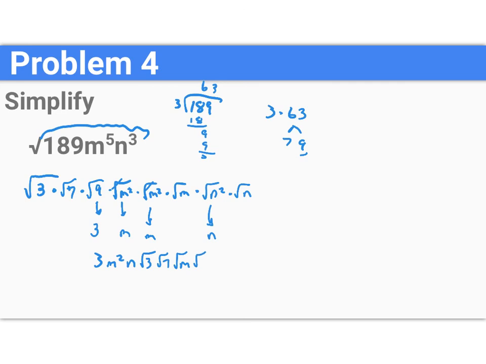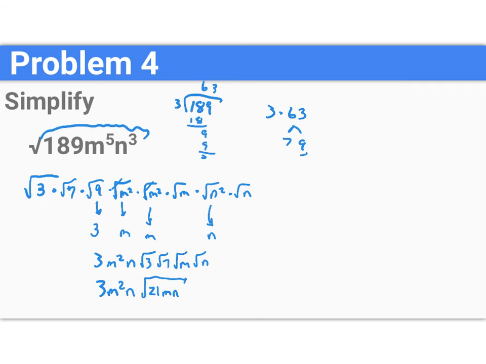And what we're going to do is combine everything under one radical. So 3m squared n times the square root of 3 times 7 is 21, m times n, mn. So 3m squared n root 21mn, or 3m squared n times the square root of 21mn.